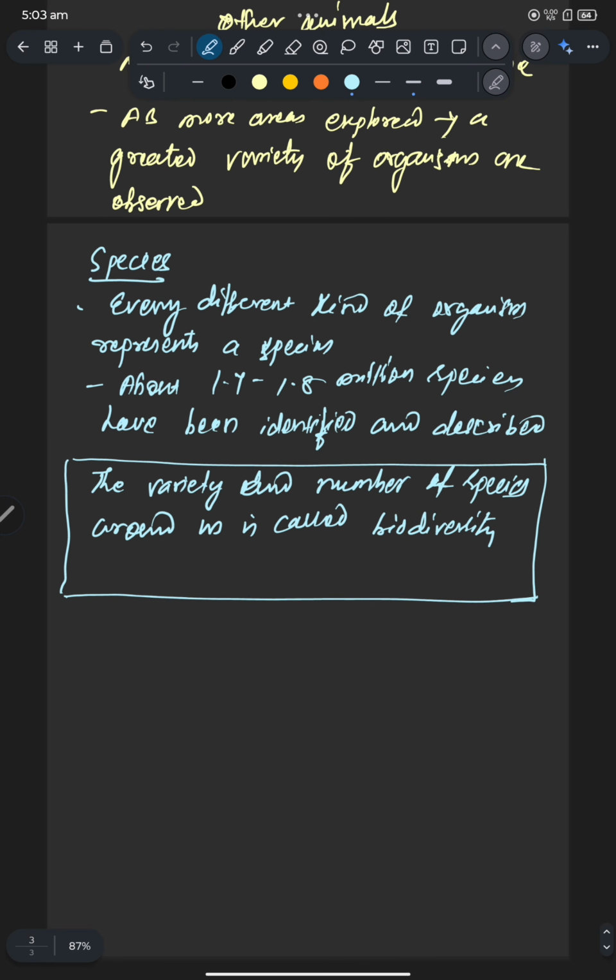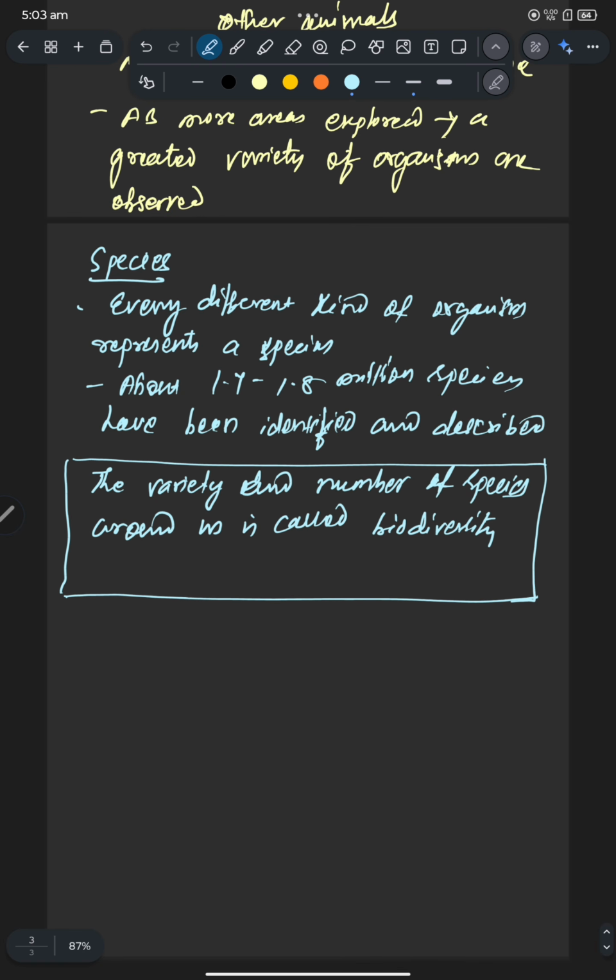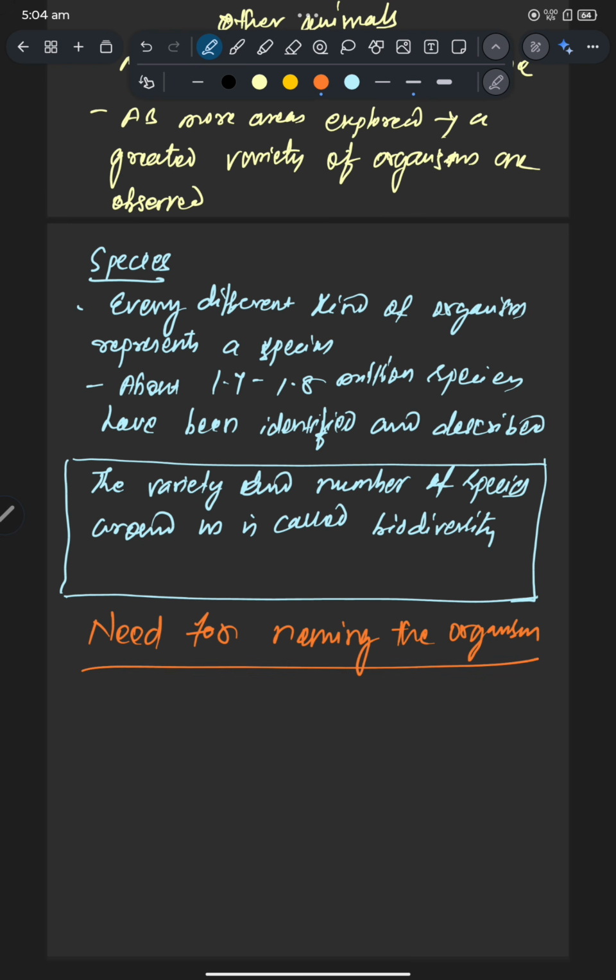Now when we are talking about varieties of organisms, then comes the need for naming the organisms.